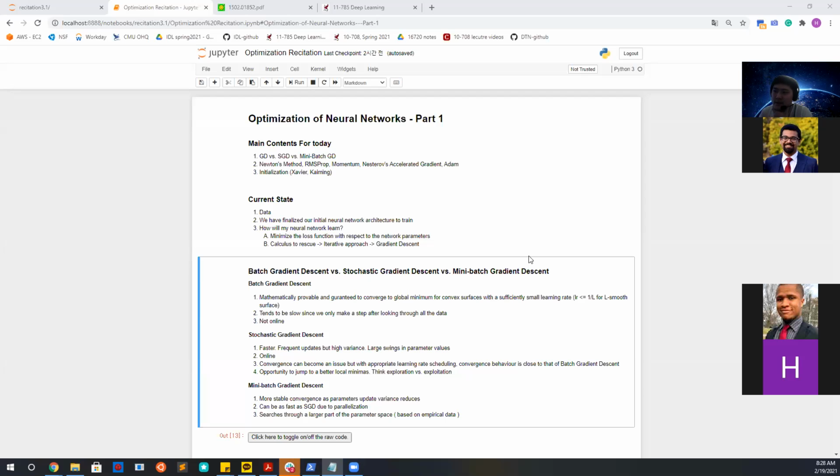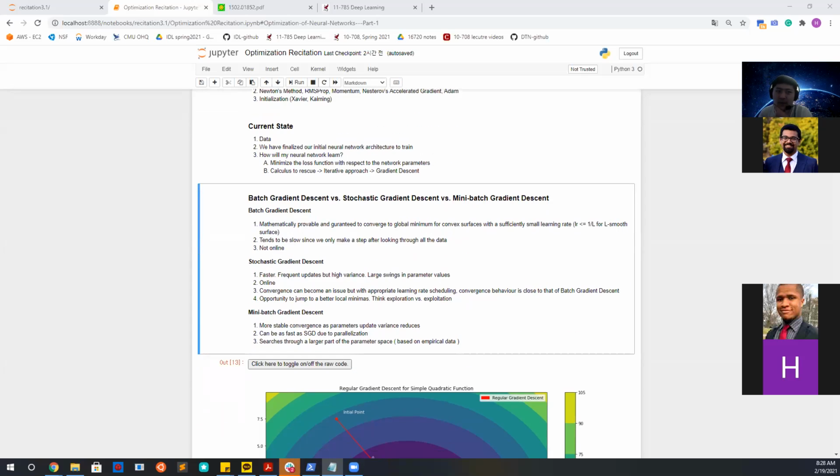There are three types of gradient descent methods. First, batch gradient descent is the same thing as gradient descent. It goes through all your training data, takes the mean of the gradient over all the samples, and then takes one large step in the direction that minimizes the loss. The good thing about it is it's mathematically provable, and it's guaranteed to converge to a global minimum for convex surfaces.